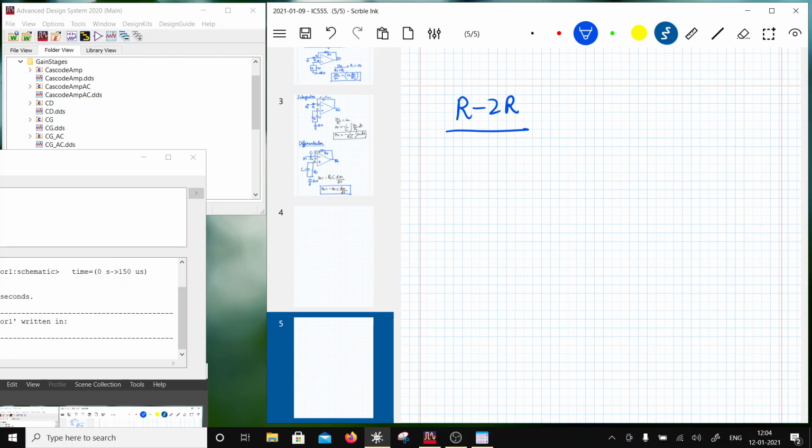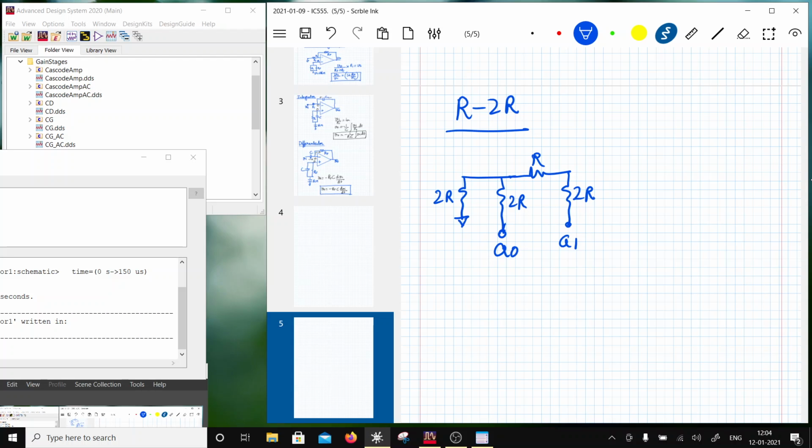So here I'm going to start with a 2R, then I have a 2R here, and I have a V0 here, or rather A0. Okay, so let's have A0 over here, and then you have an R, and again a 2R, and then you have an A1 here, right?